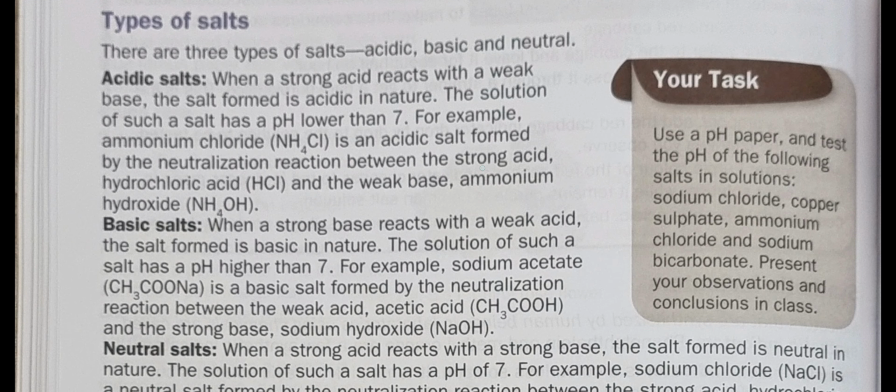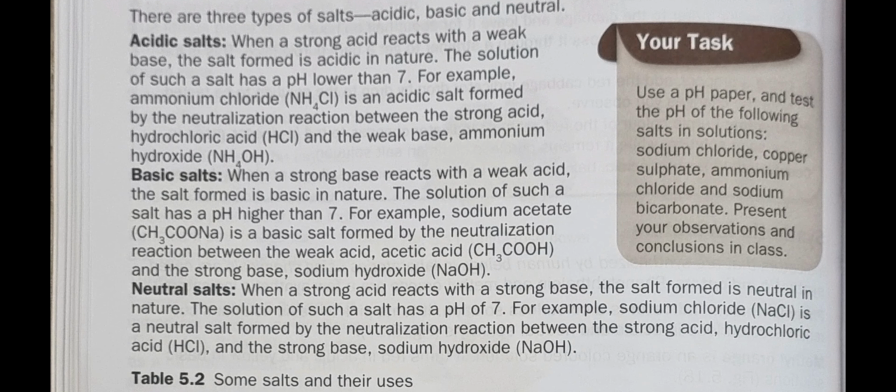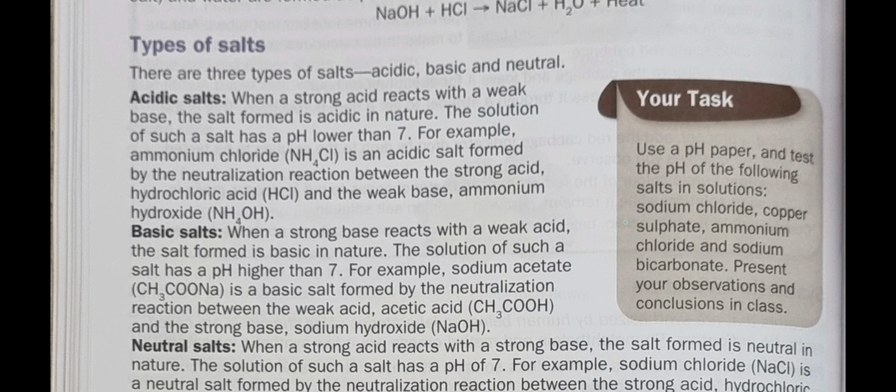And how many types of salts are there? So we will learn about the salts. There are three types of salts: acidic, basic, and neutral. Acidic salts: when a strong acid reacts with a weak base, the salt formed is acidic in nature. The solution of such a salt has a pH lower than 7.